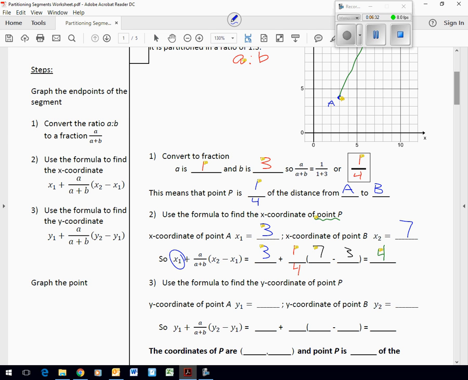What is the y-coordinate of point B? 12. Now let's plug in the same stuff. So y1 is 4. Your fraction is 1/4, correct? Y2 is 12. And y1 was 4. Now plug it in your calculator.